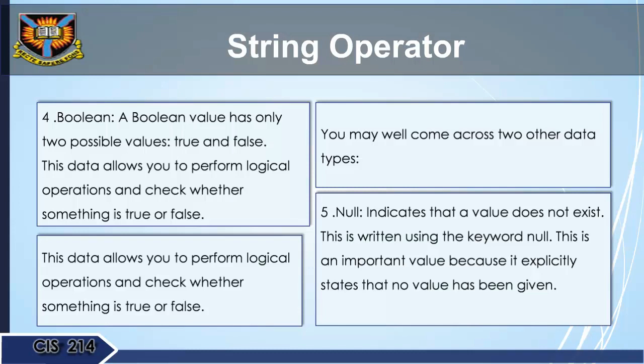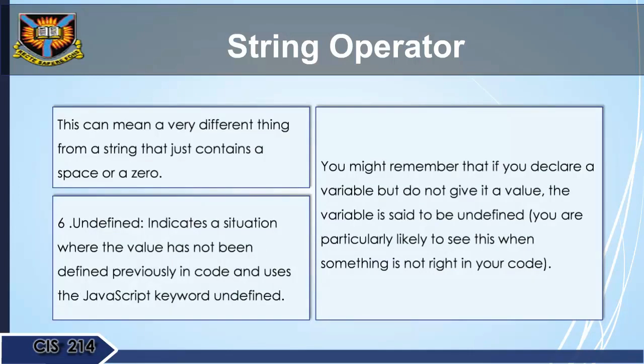You may well come across two other data types. Null indicates that a value does not exist. This is written using the keyword null. This is an important value because it explicitly states that no value has been given. This can mean a very different thing from a string that just contains a space or a zero.